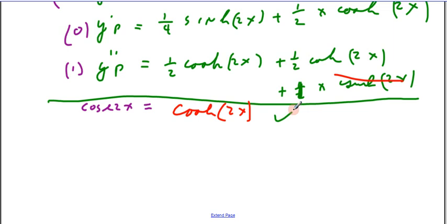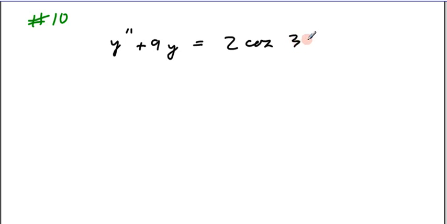Okay. Number 10. Okay, 10, we're still doing the same thing we've been doing. So I've got y double prime plus 9y is equal to 2 cosine 3x plus 2 sine 3x.